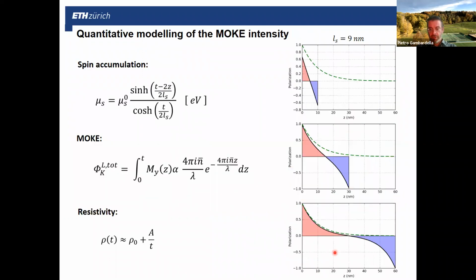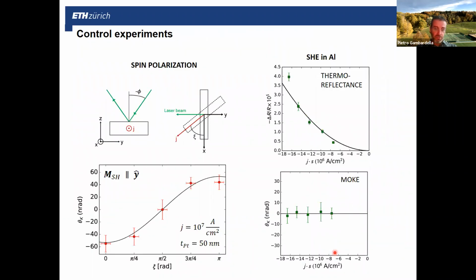We also have some control experiments where we measured the signal in aluminum, where we expected a much smaller signal. In fact, we do have a heat-induced change of optical reflectivity, but we don't have Kerr rotation.